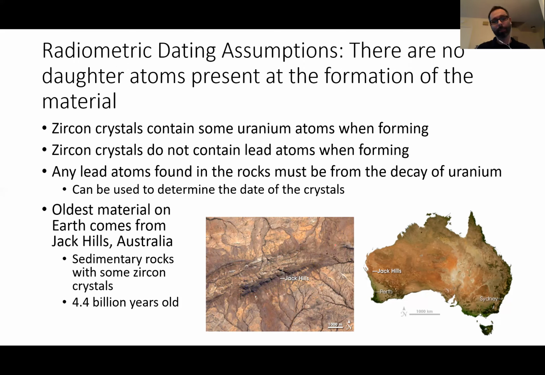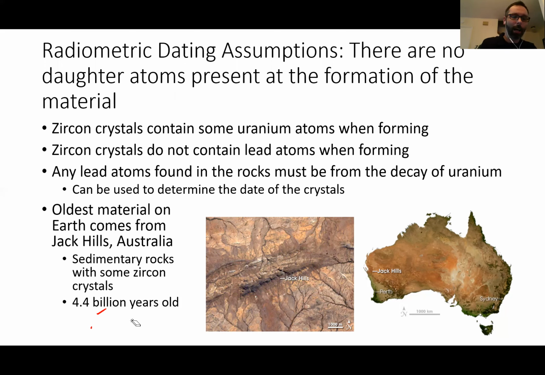So that means that this rock has been around for 4.4 billion years. The Earth has to be at least that old. And usually it would take at least a little while for that to form. So this number sometimes gets bumped up to 4.5 or even 4.6 billion years old for the age of the Earth. And then we have some other evidence for that as well that we're not going to get into now.